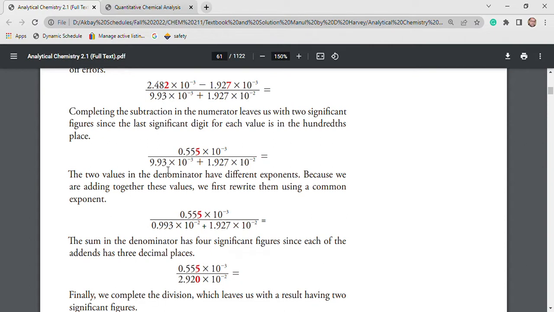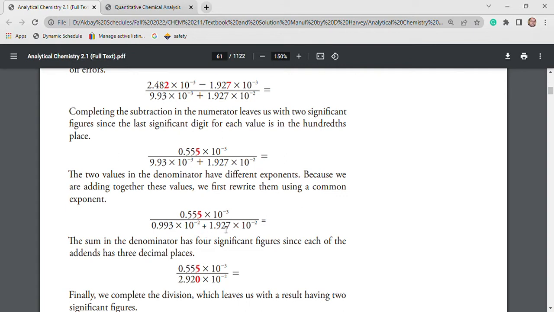So it will be 9.93 times 10 to the negative 3 plus 19.27 times 10 to the negative 3. But we decided to go with negative 2. So in that case, you will have to move this decimal point to the left, 9.93. So you make it 0.993, because you moved once to the left, then you will add 1. So negative 3 plus 1, and so you come up with negative 2.